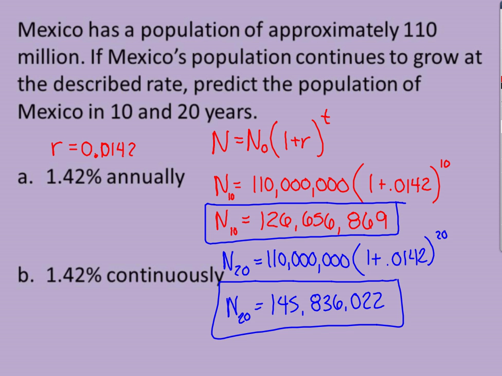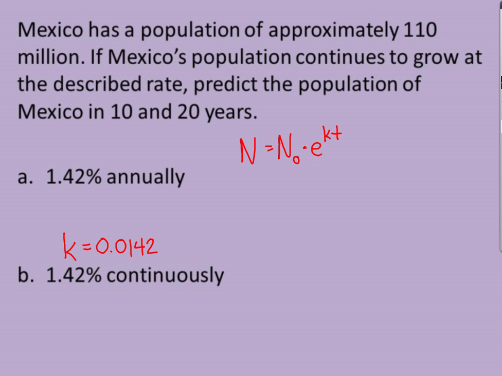Now we're going to do the same thing, but this time it wants continuously. If it's continuously, our formula is n equals n sub 0 times e to the kt power, where k is just your rate again, which would be 0.0142. Again, we're going to do this at 10 years and at 20 years.